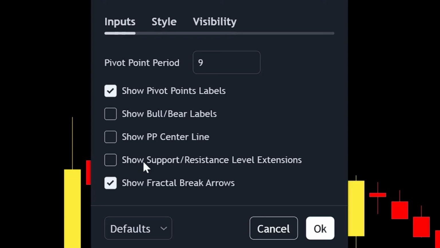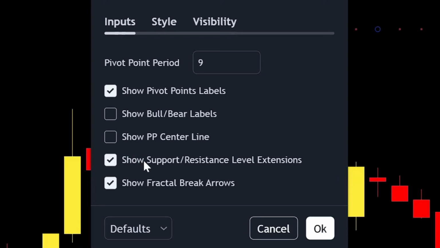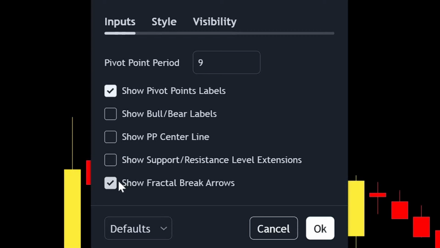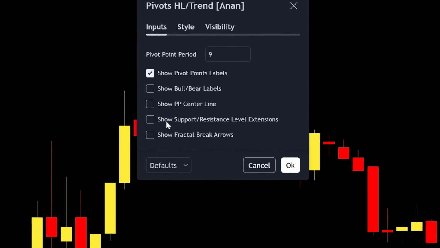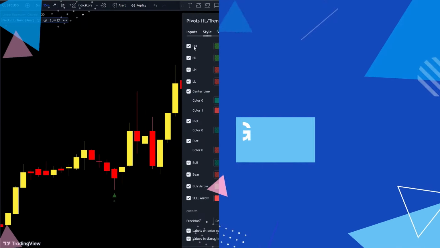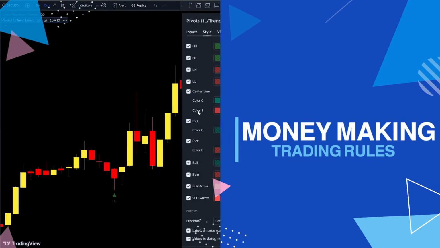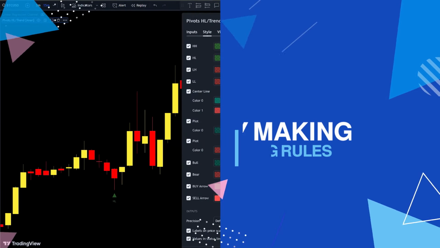Trust me, your trading experience will be much smoother this way. Now that our pivot high-low entry indicator is set up, let's explore how to make the most out of it and start making smart, profitable trades.